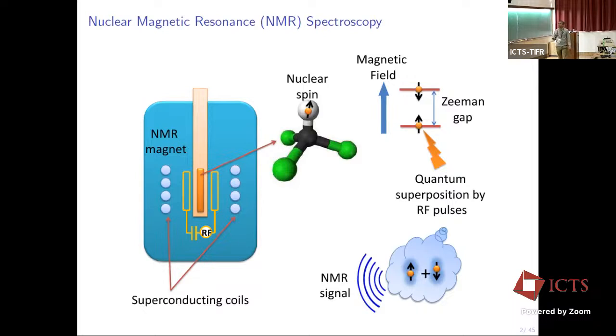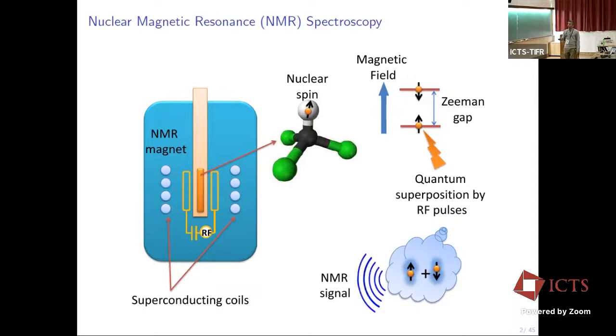So what we do is send the resonant radio wave and create superposition between these spin states. That is the big strength of NMR. We can do it very precisely. We can create superpositions, very intricate superpositions, in a controlled manner, and sustain the superpositions for a long time. That's the big strength of NMR.